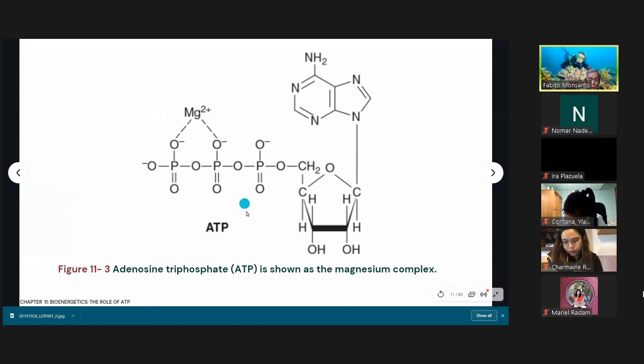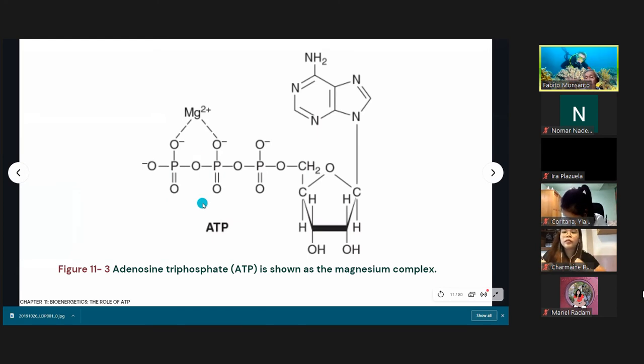When you cut off this bond, you release energy. Or you cut off this bond, you release energy. Now, where is your magnesium stabilizing these two? So this is what we call your energy currency, ATP, and its cousins, because you have cousins.